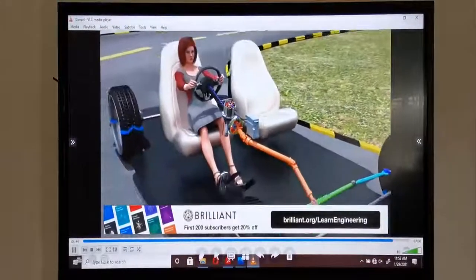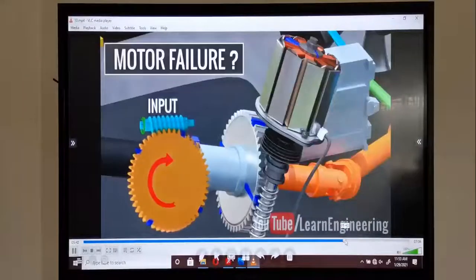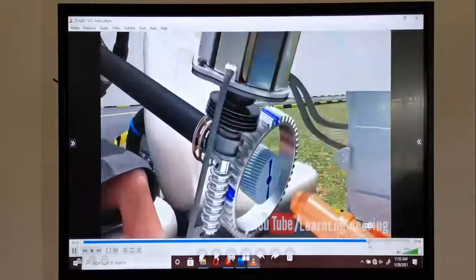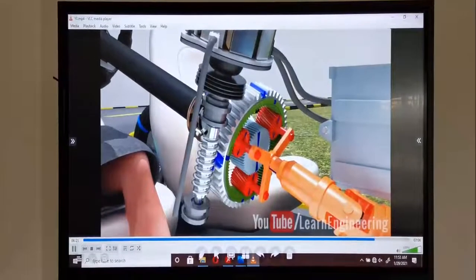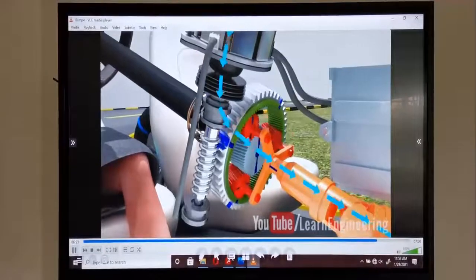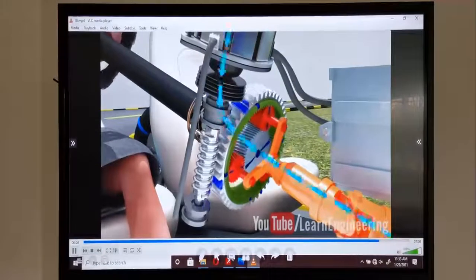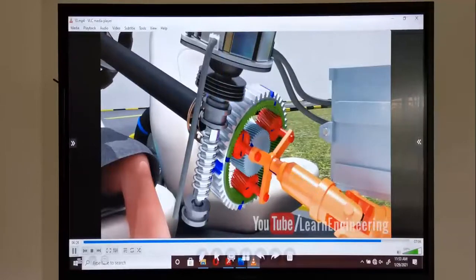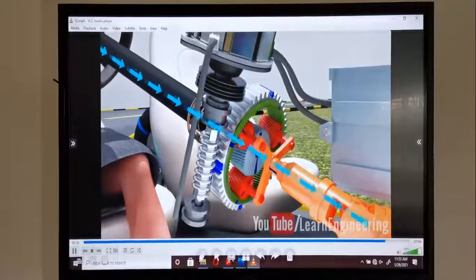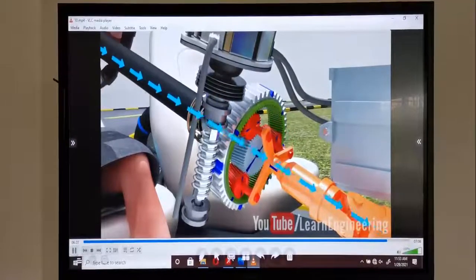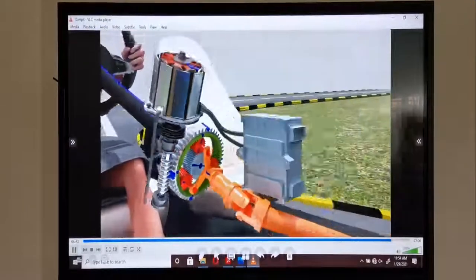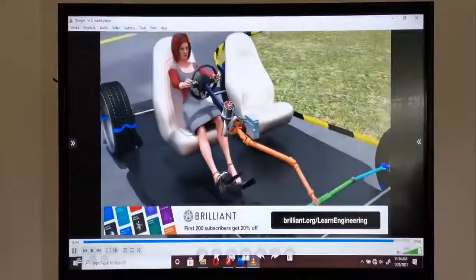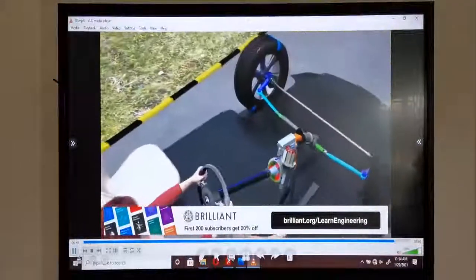I play again. Now the failure time. The motion is straightly transmitted to the output. So this is the power steering. I hope you got a clear idea.